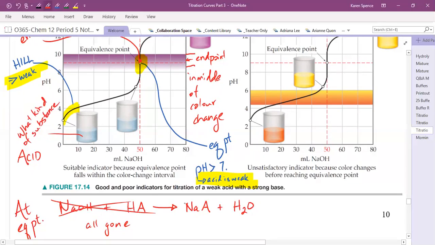Why does this solution have a pH greater than 7?